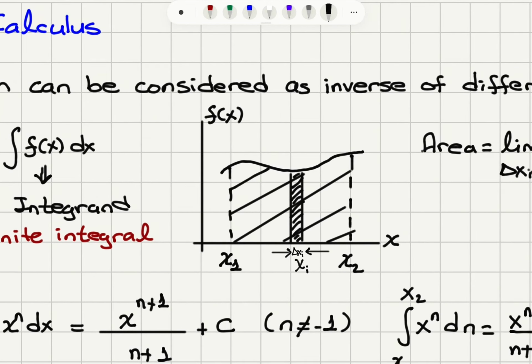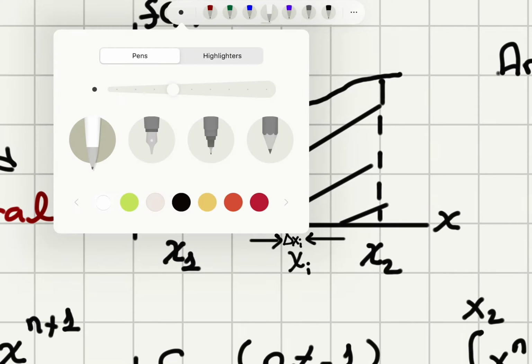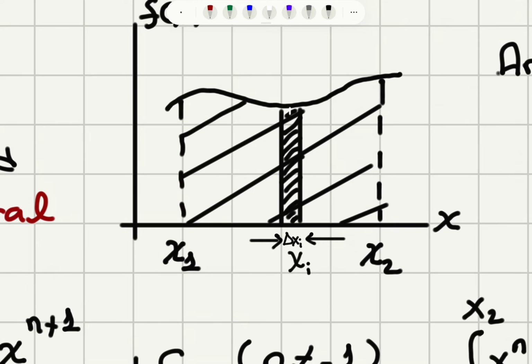However, if you look at this function f of x in the interval x1 to x2, and if we pick an x value in this range, xi, and we pick a delta xi, a very small infinitesimal distance on the x-axis, the area under this curve is basically given by the value f of xi.